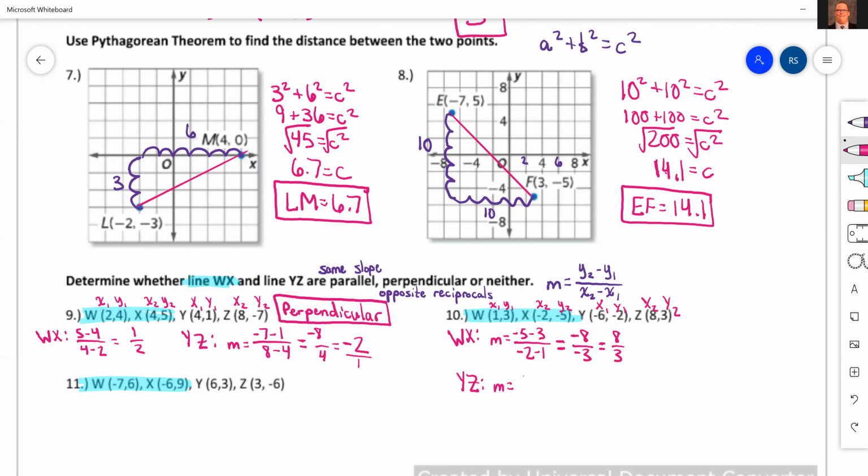So Y2 is 3 minus Y1 is -2 over 8 minus -6. 3 minus -2 is +5 over 8 minus -6 is 14. What do we notice about these two slopes? They're totally different. Totally different. So these would be neither.